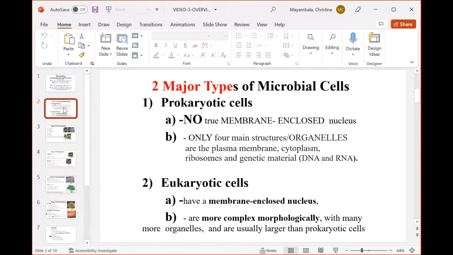Again, these two categories play a big role and have implications in how infections that these microbes cause can be treated.